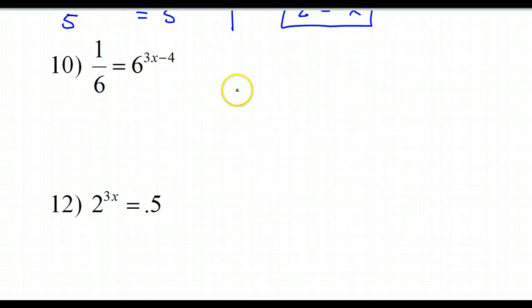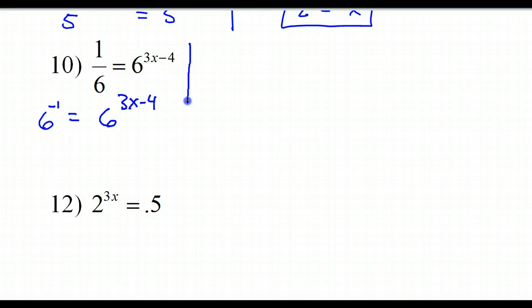Back to solving equations. I see the 6's, so base 6 is in my future. So this fraction, of course, I can write as 6 to the negative 1 power. And that equals 6 to the 3x minus 4 power. All right, well, that was pretty easy. If the bases are the same, the exponents are the same.